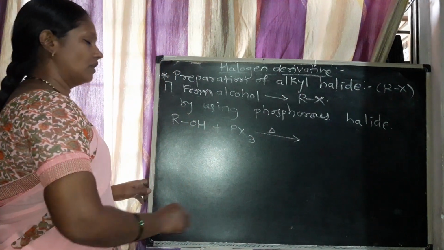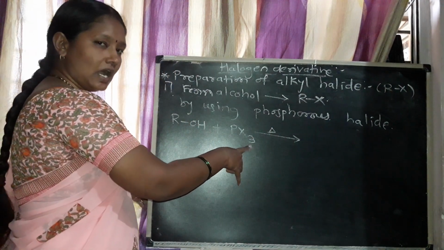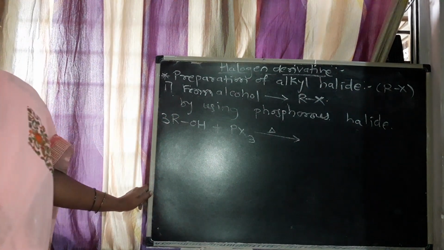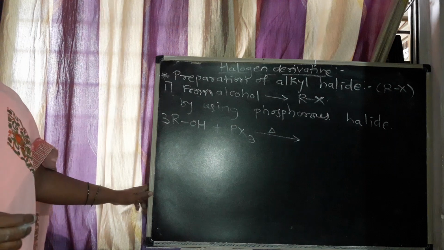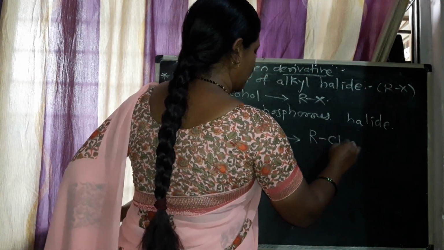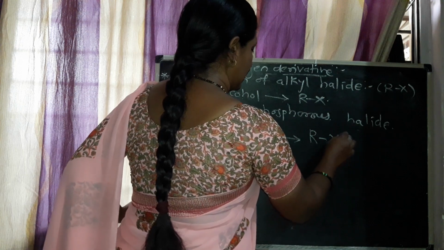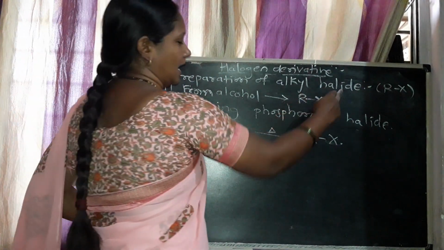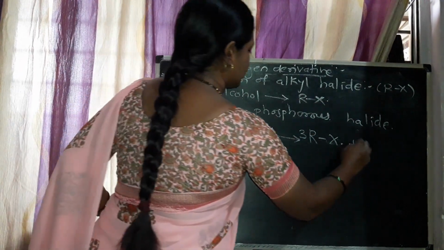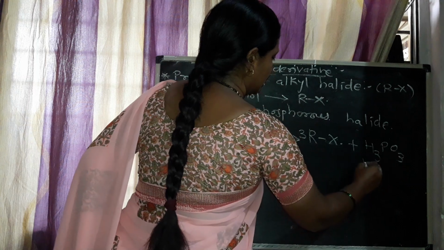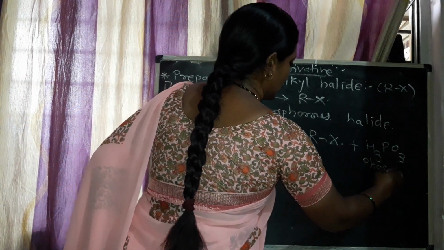Now, students, here the 3 halide atoms are present, therefore we take 3 molecules of the alcohol. Then OH is substituted by the X atom. Here is the formation of alkyl halide RX plus byproduct H3PO3, phosphoric acid.